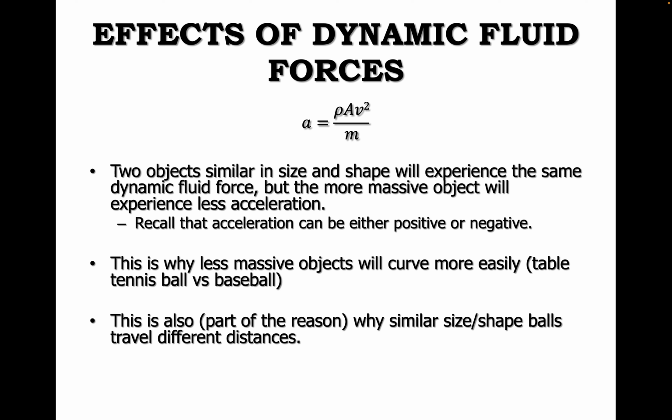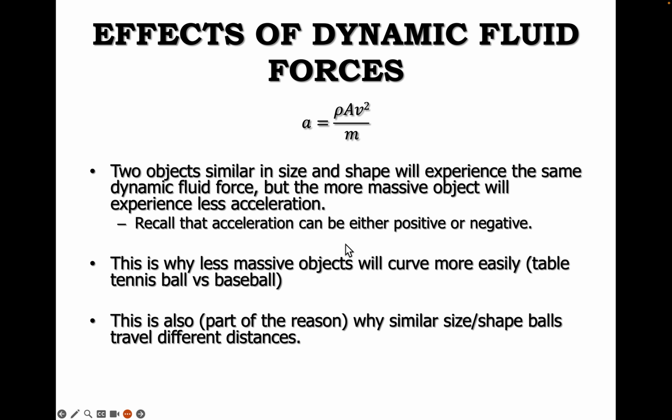Now, if both objects are spinning in the air at the same speed, the lighter object will end up slowing down its spin a lot quicker compared to the heavier object, if they both started spinning at the same speed in the air.